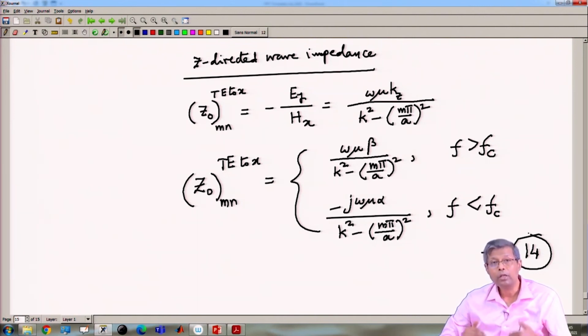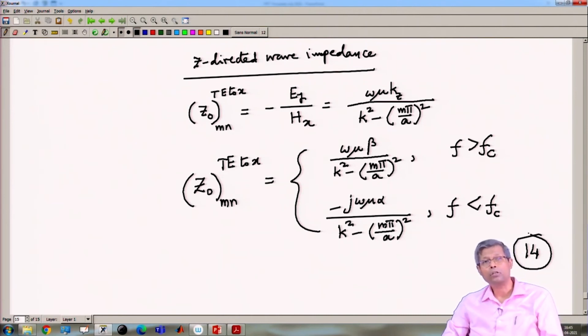So, this is where these kinds of mode functions or alternate mode functions are going to be used to satisfy the new boundary condition, or the additional boundary condition, which is present at the dielectric air interface inside the partially filled rectangular waveguide. So, this will be continued in the next session. Thank you.